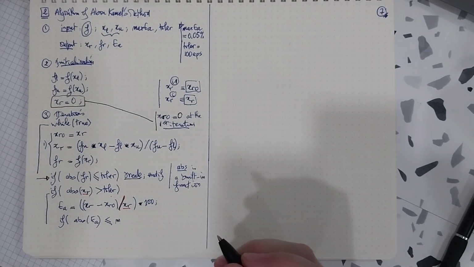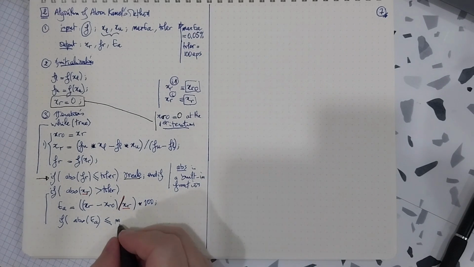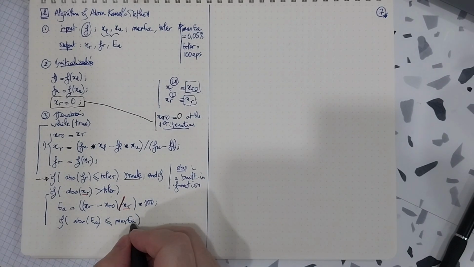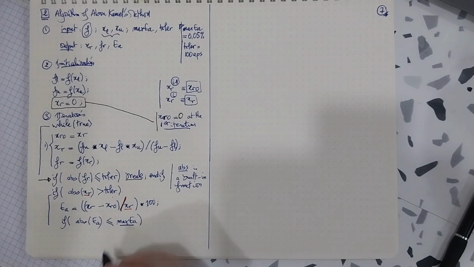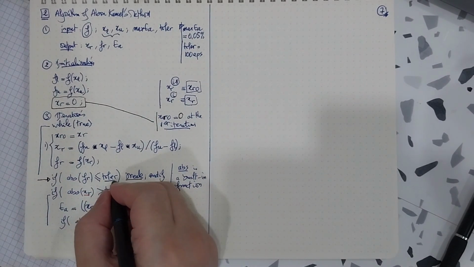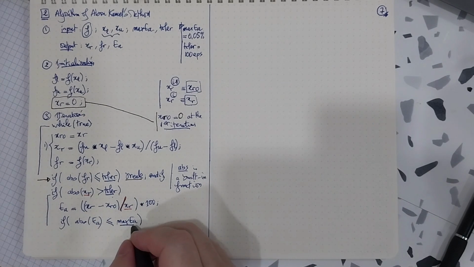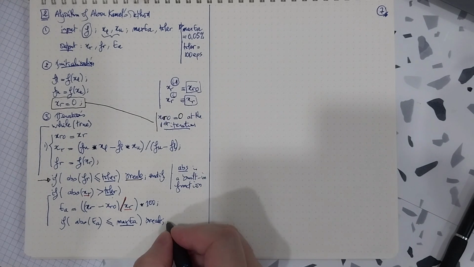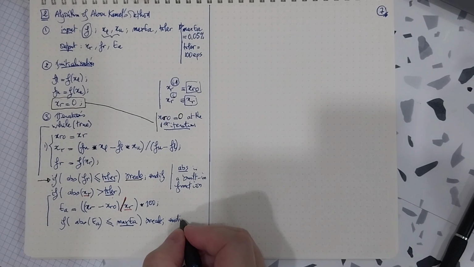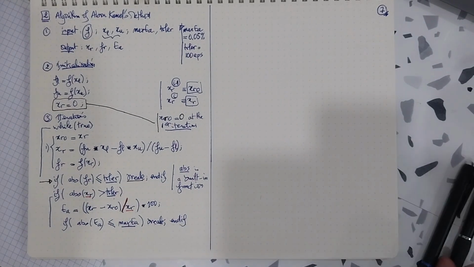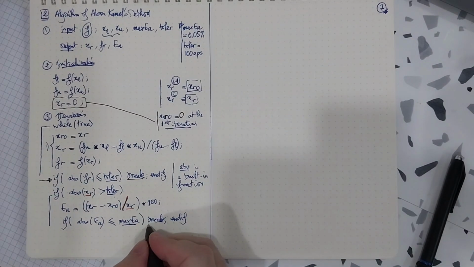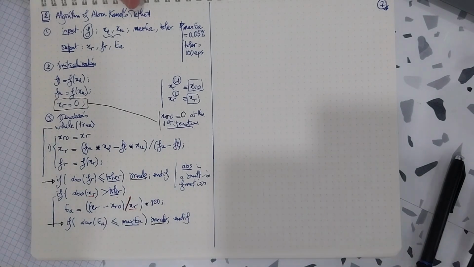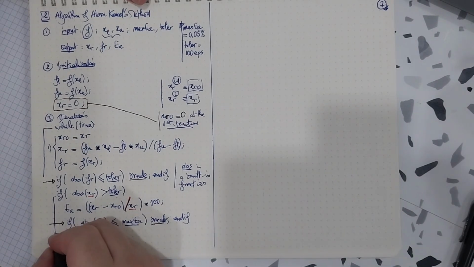In the table, if you remember, it was 1%. Max EA is given as an input. And always if you have an if, finish it with an end if. And this is the second break condition in our loop. And we write here end if.